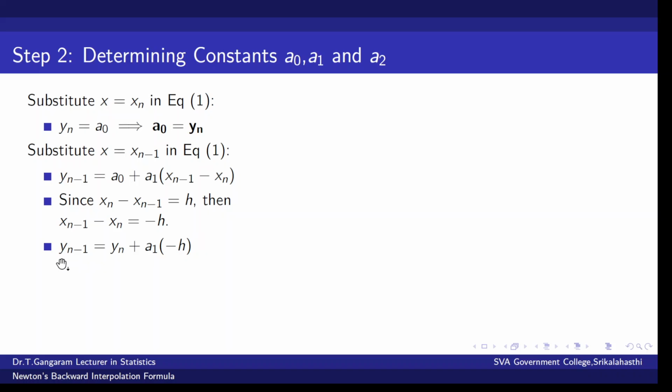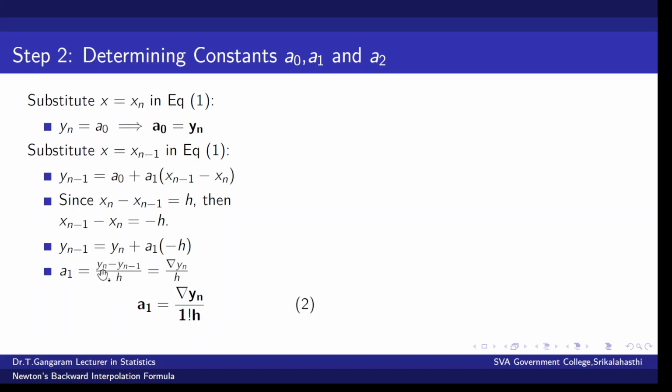So yn minus 1 is equal to a0, that is yn, plus a1 into minus h. We need a1 only, so a1 is equal to (yn minus yn minus 1) divided by h. Since the minus h comes here, this becomes positive.